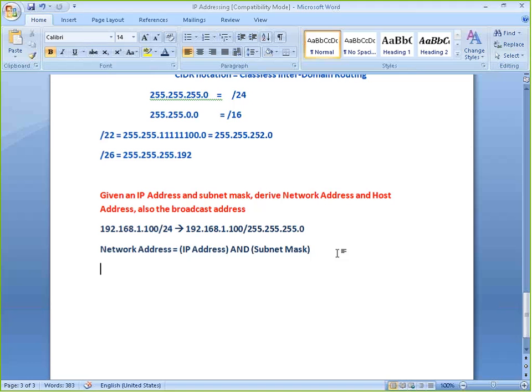I'll break this down in the form of spaces here: 192, 168, 1 and 100. These are the 4 octets we have. And for the subnet mask, 255, 255, 255 and then 0. These are the 4 octets of the subnet mask. So this is what we have. Now what I'm supposed to do is apply the AND logic. So, talking about the AND logic.